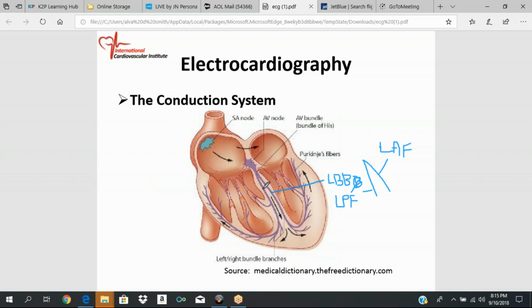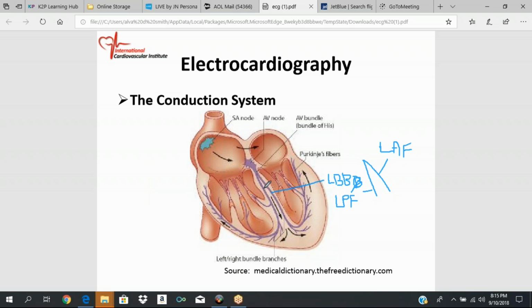When the electrical impulse travels from the SA node through the atrium and gets to the AV node, it slows. Then it travels down the bundle of His, and first it travels through the left bundle, and then from the left bundle it goes to the right bundle.